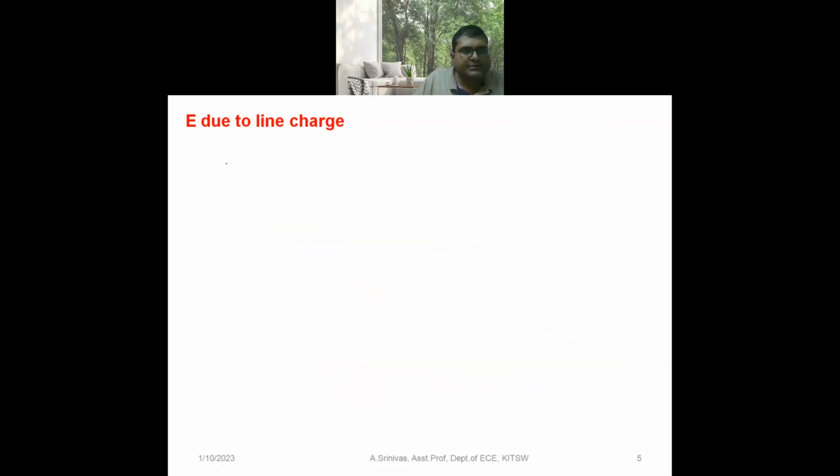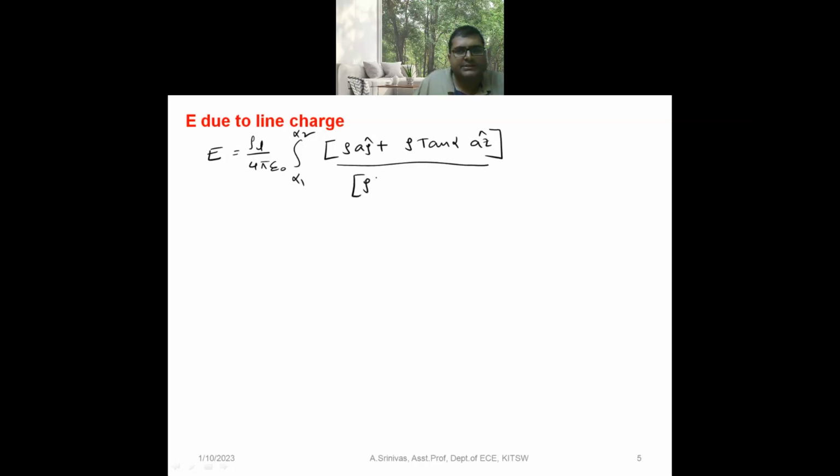Now the equation becomes E is equal to rho L by 4 pi epsilon naught, integral from alpha 1 to alpha 2 of (rho a_rho cap plus rho tan alpha a_z cap, replacing z minus z dash) divided by (rho square plus (rho tan alpha) square) to the power 3 by 2, times minus rho secant square alpha d alpha.